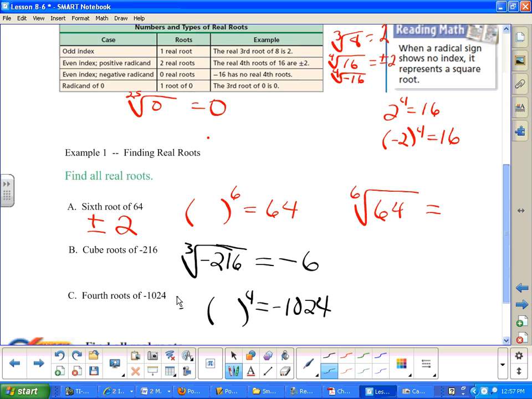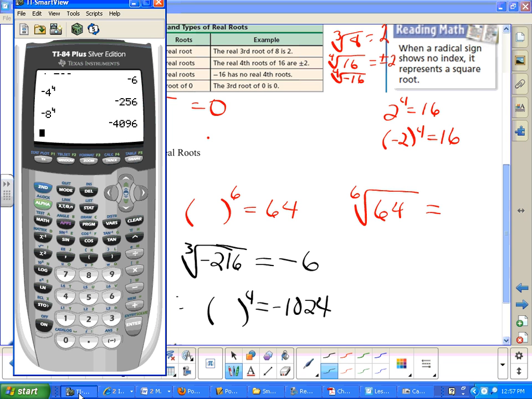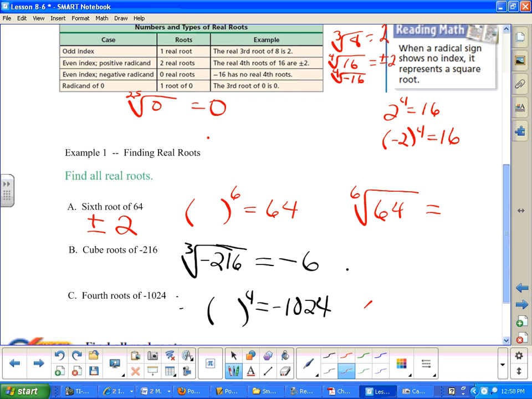If I try to do the fourth root of a negative number, like we did here, it's a non-real answer. So there's no solution to that one. There are no real roots. You could write either thing.